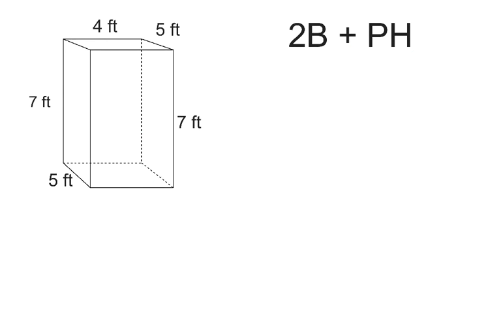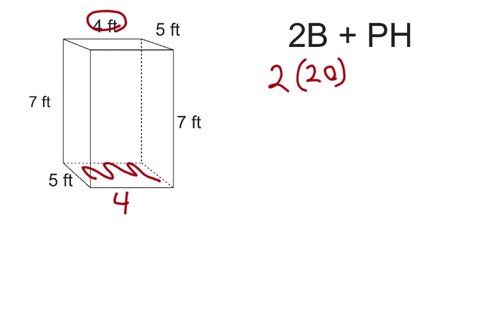Same thing. First thing, I need to identify my base, which is going to be this guy down here. Okay? This is 5. I know because this up here, this is 4. Area of my base is going to be 20. 5 times 4 is 20. Plus the perimeter of my base.